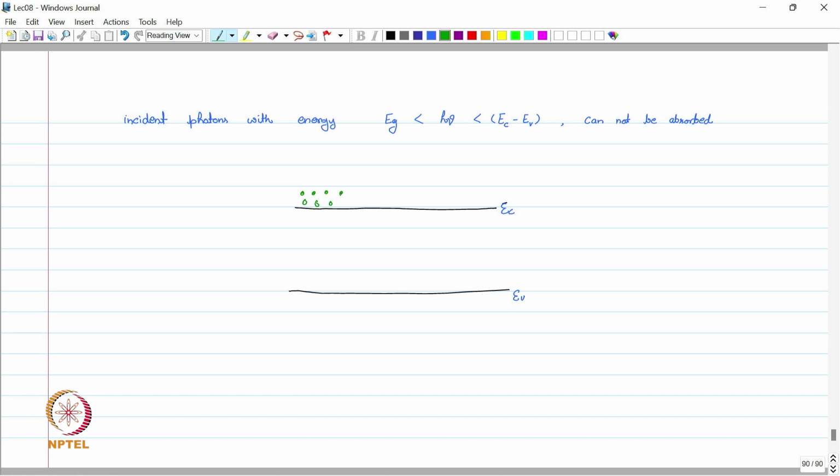All these states are filled, and in the valence band all the top layer is empty. This whole layer is actually empty. There is no electron in the top layer of valence band.